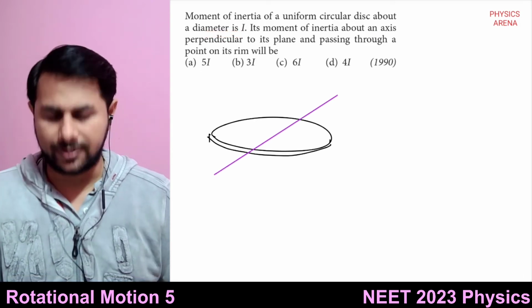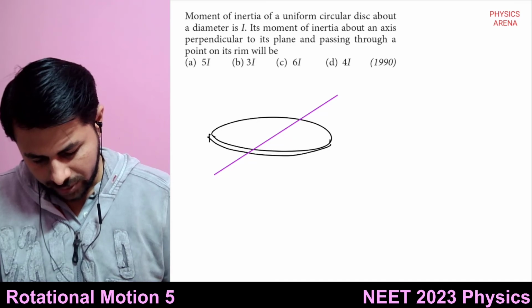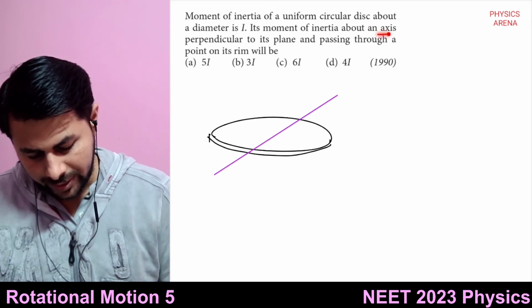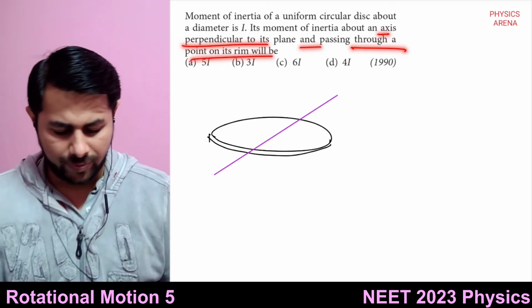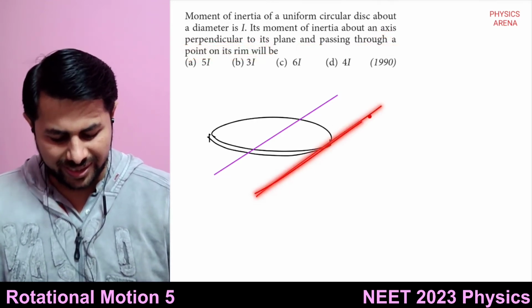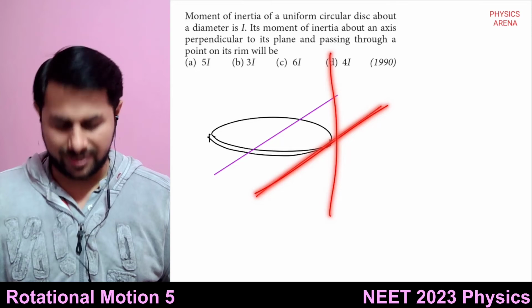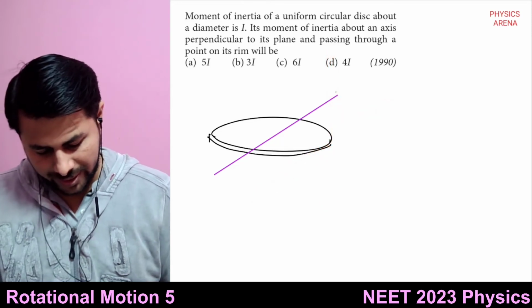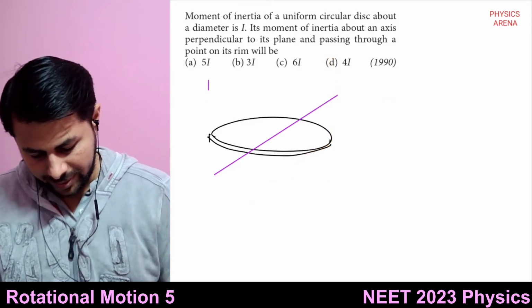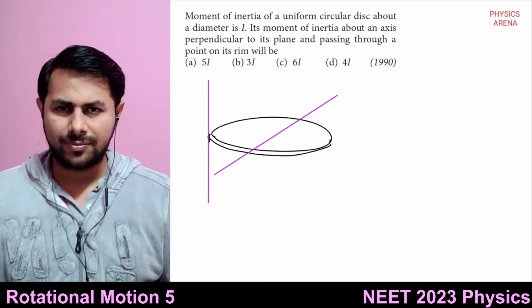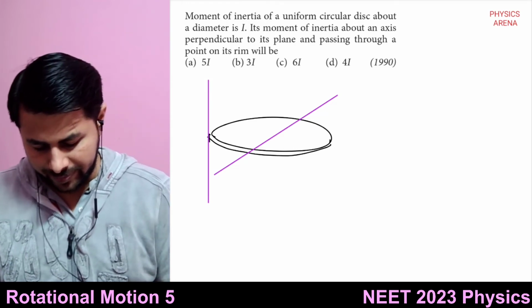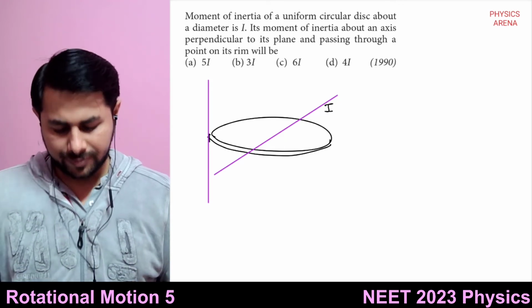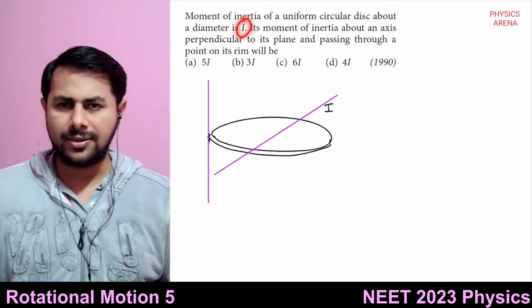So about this axis, this is given. So you want its moment of inertia about an axis perpendicular to its plane and passing through point on the rim. So not this axis, it will be axis like this. Okay, you want moment of inertia about this kind of axis, right? A point on the rim and perpendicular to its rim. So this is I. They are calling this as I.